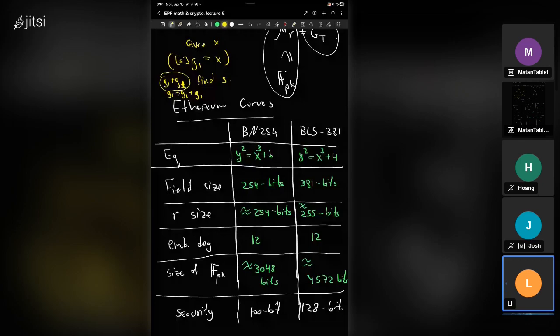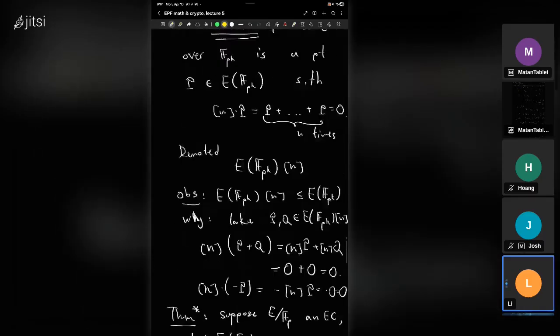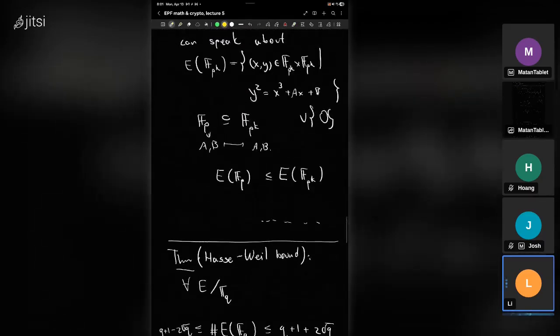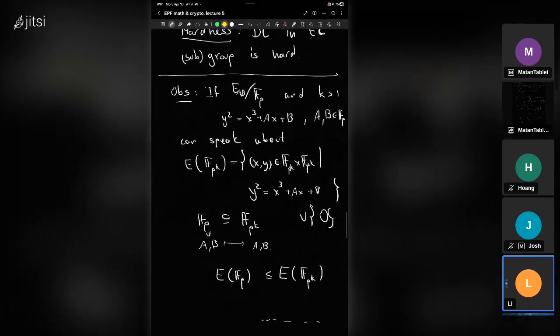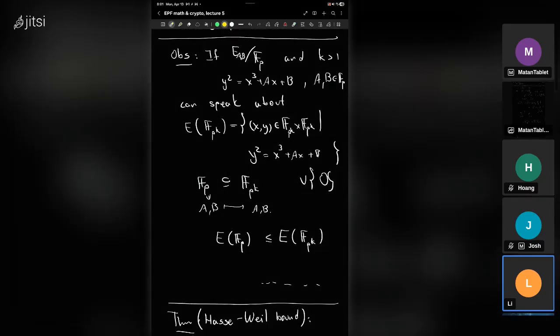Our first observation in this second hour: if A, B are in F_p and k is larger than 1, you say here x1 belongs to F_p^k. What do you want to say here?